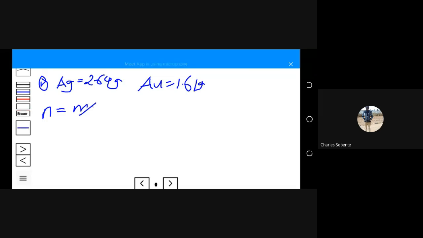So that will be 2.64 grams over 107.86. When you divide, you're going to have the number of moles of silver, which will be 0.0245.